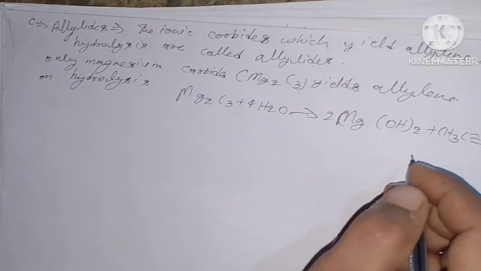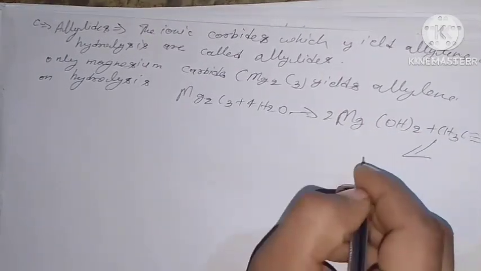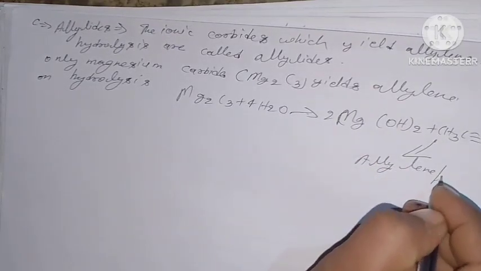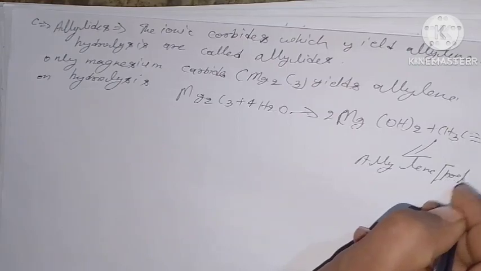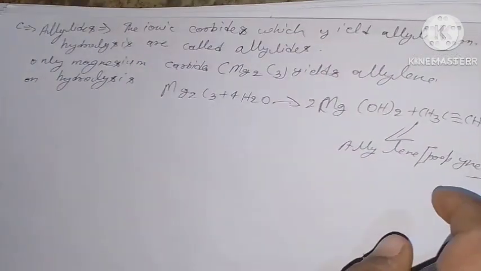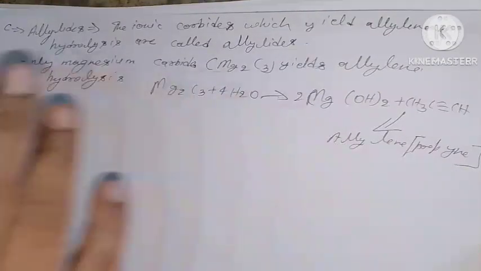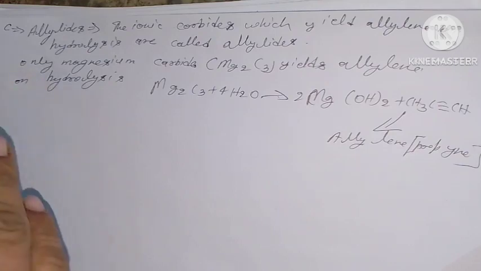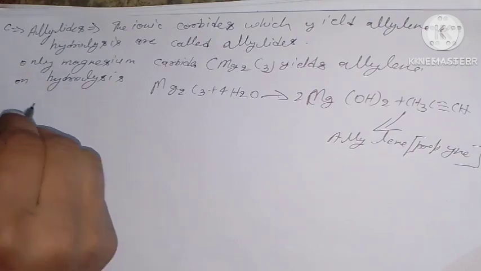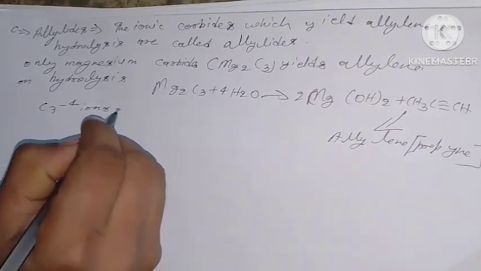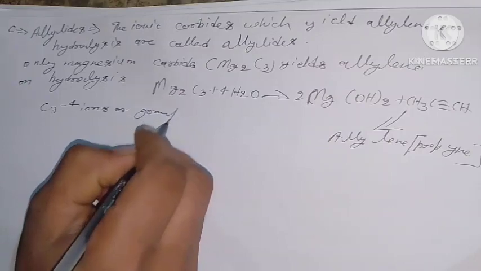This is allylene, propyne. Hence, Mg2C3 is called an allylide type carbide. Allylide type carbide contains C3 4- ions or groups.